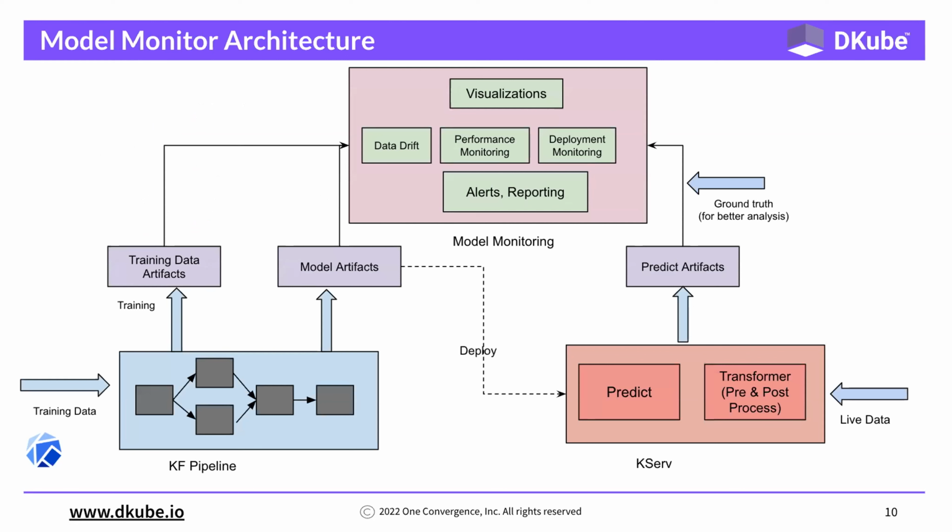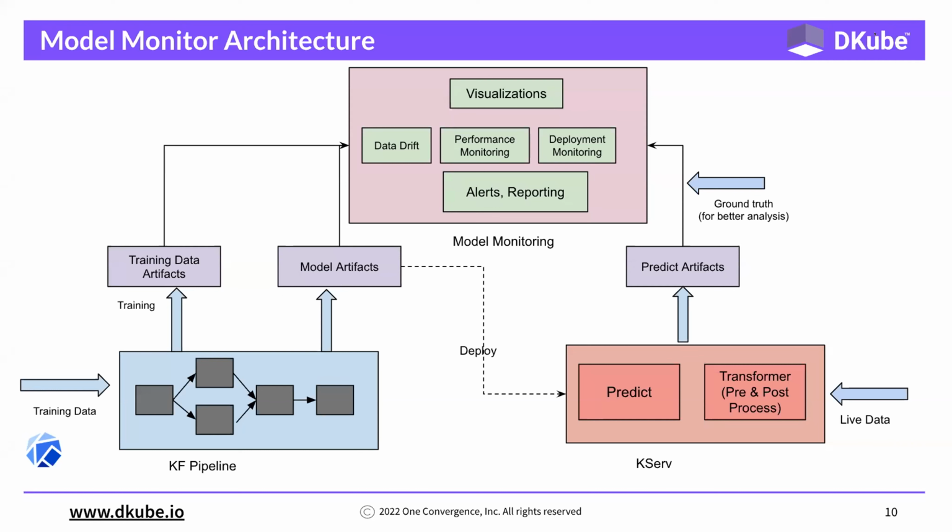And then at a high level, the architecture: at the bottom, you have your training pipeline. So getting the training data, and then it's computing these artifacts, training artifacts and model artifacts. By model artifacts, I mean, remember we talked about the thresholds that the data scientist needs to provide, and also the model itself. And then the model gets deployed in KServe.